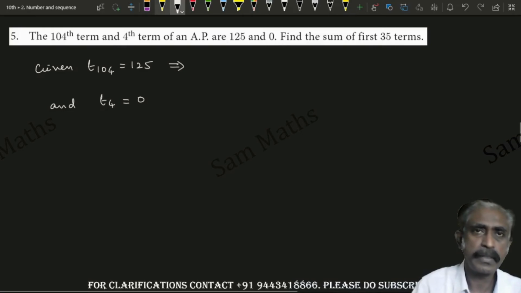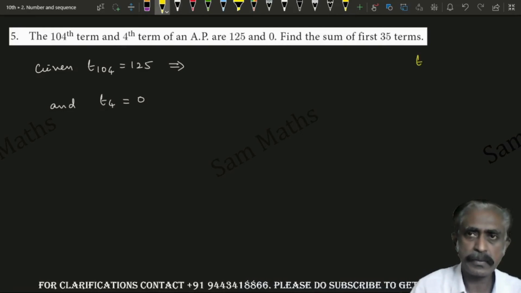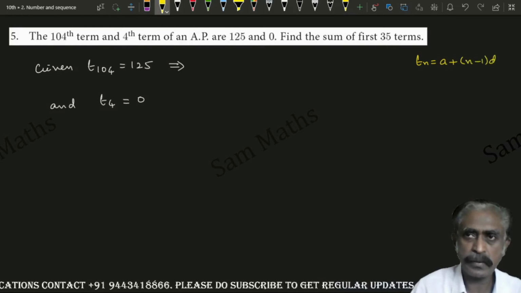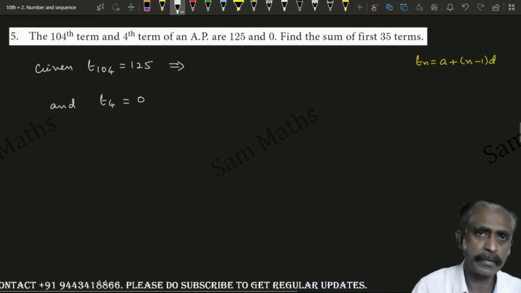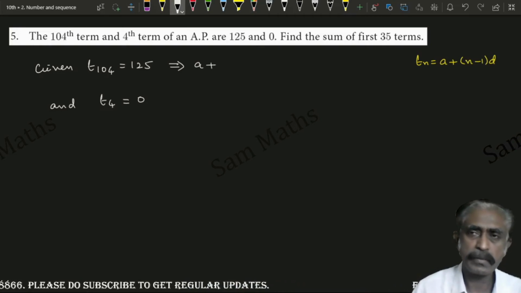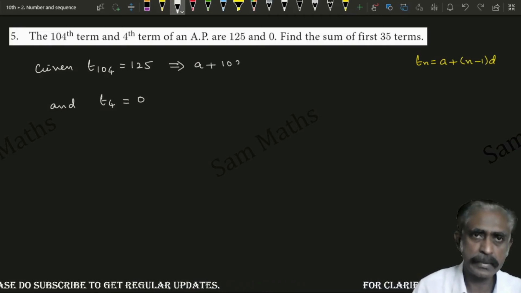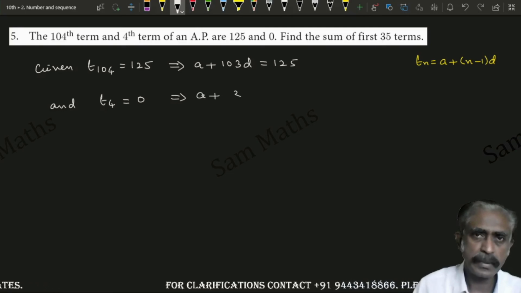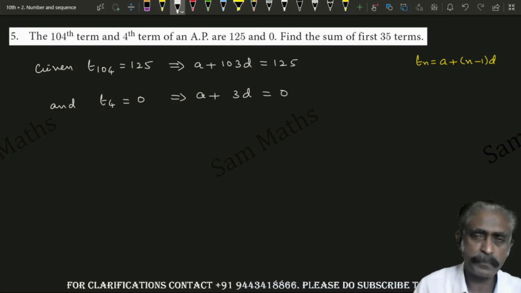You know the formula, that is Tn is equal to A plus n minus 1 into D. This formula we are going to apply here. That is A plus 104 minus 1, that is 103 D equal to 125. The second one implies A plus 3D, that is 4 minus 1, that is 3D equal to 0.